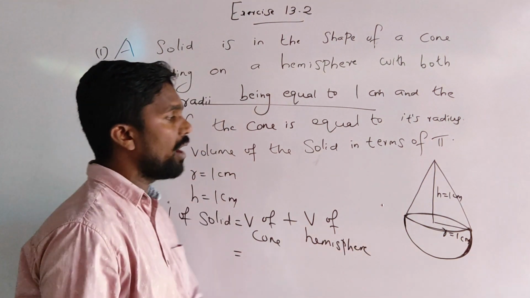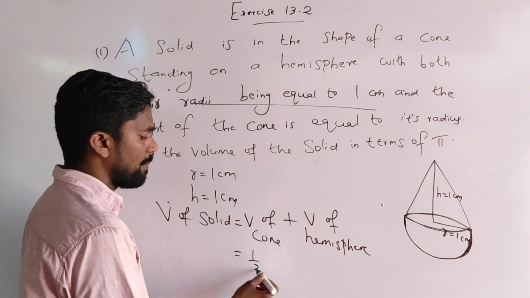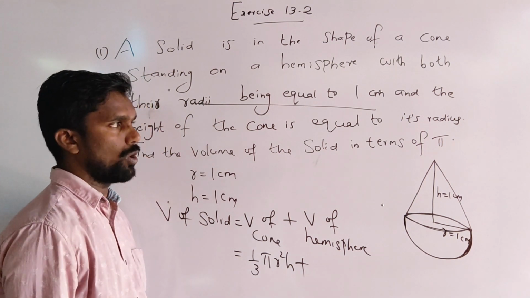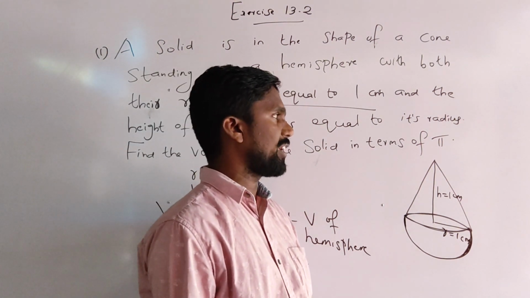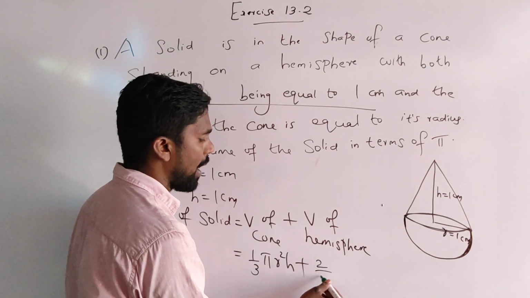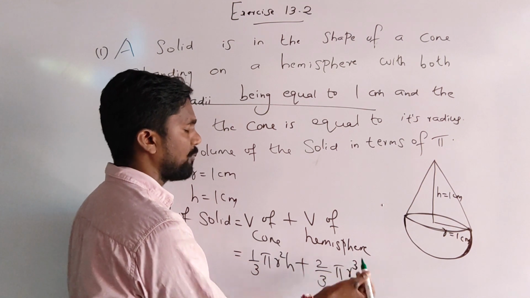Volume of cone, everybody knows, is 1/3 pi r square h. Volume of hemisphere is 2/3 pi r cube. Listen carefully.